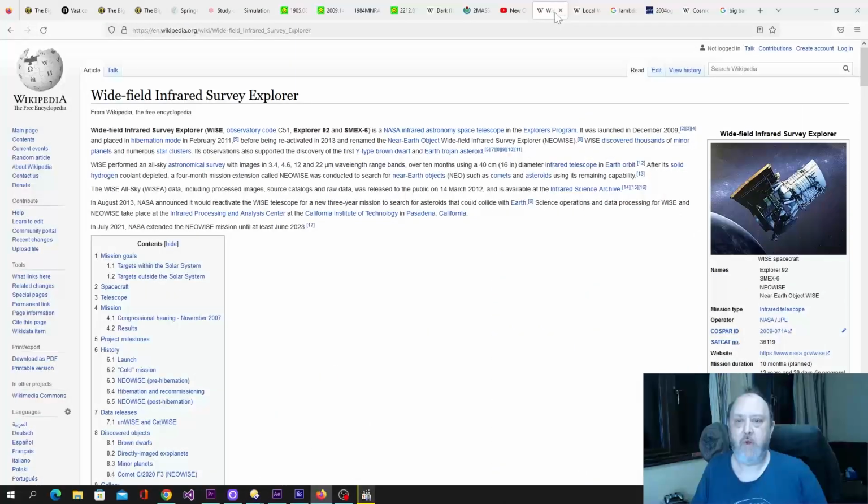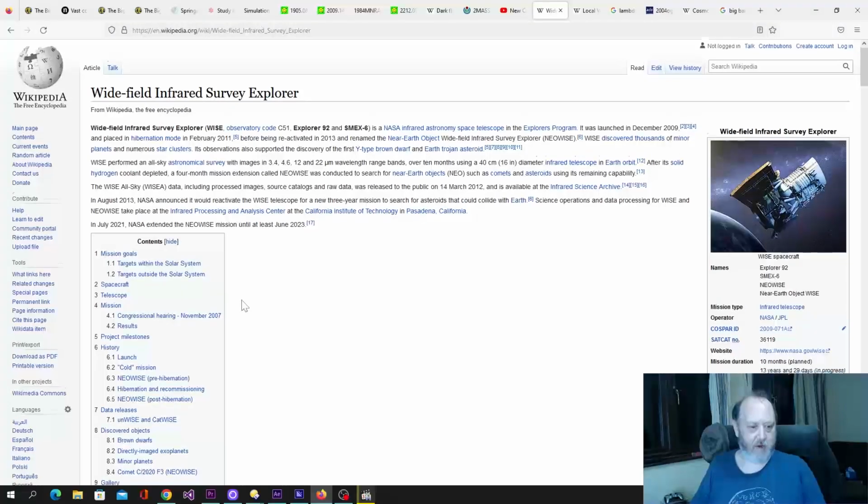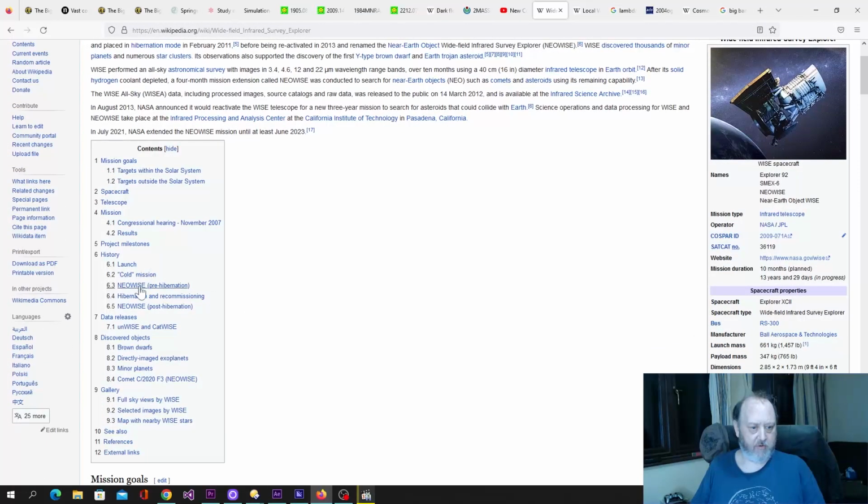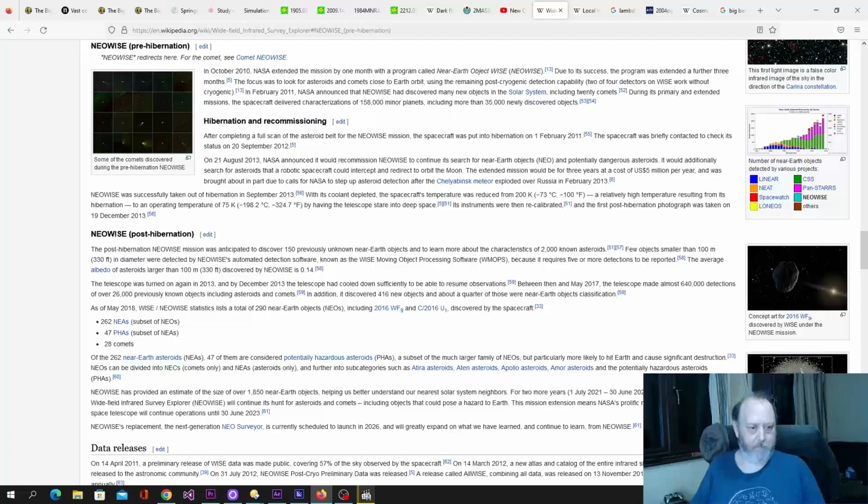So there are also periods of the mission that it has gone through. The WISE mission was put into hibernation first, and then brought out of hibernation.